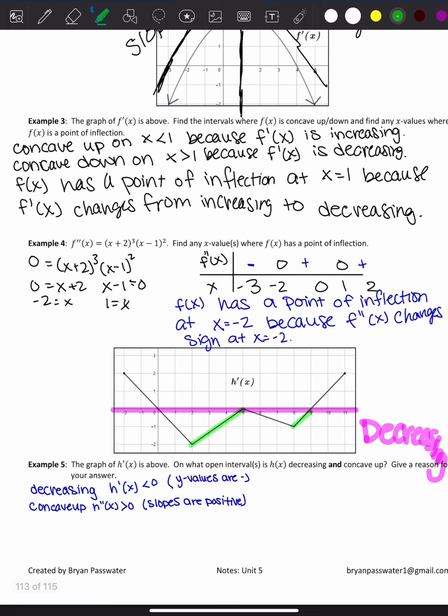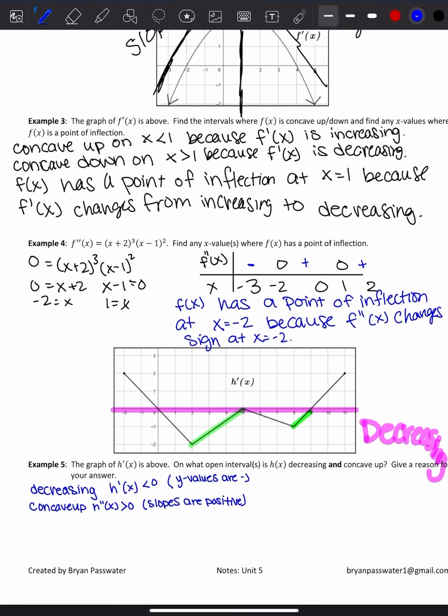So when I'm looking at this, or even looking at it overall, I might be increasing on this whole interval right here, but that's the only part that's above or below the x-axis.